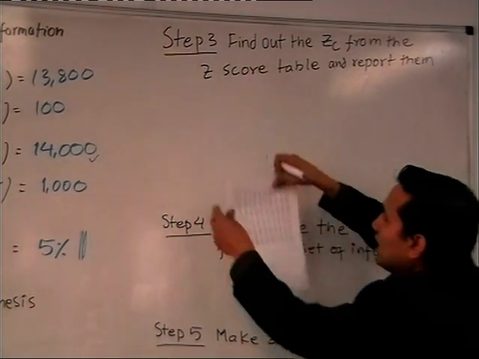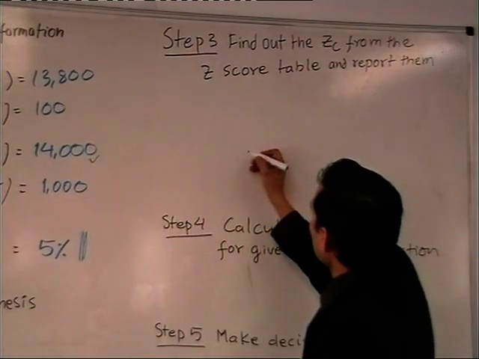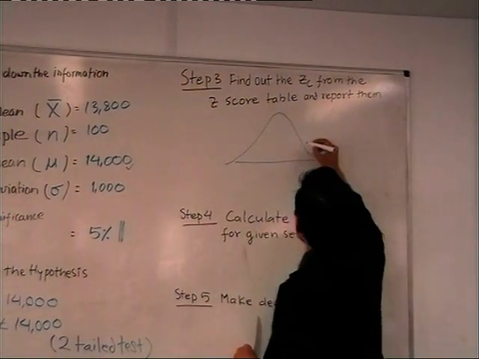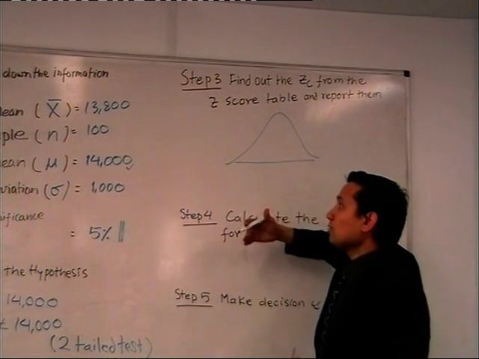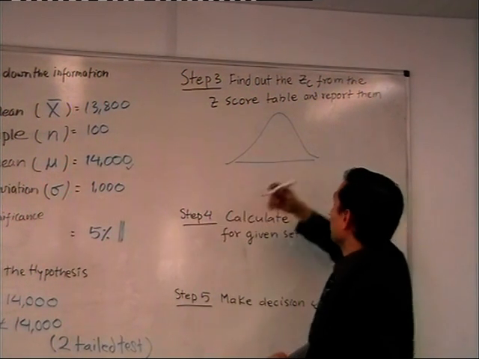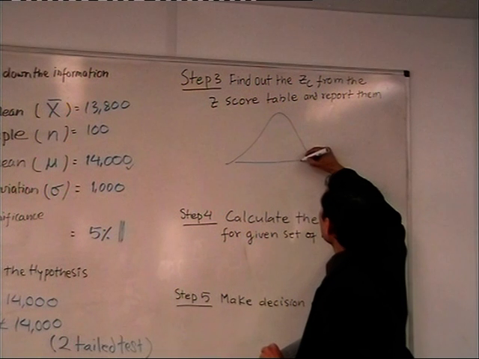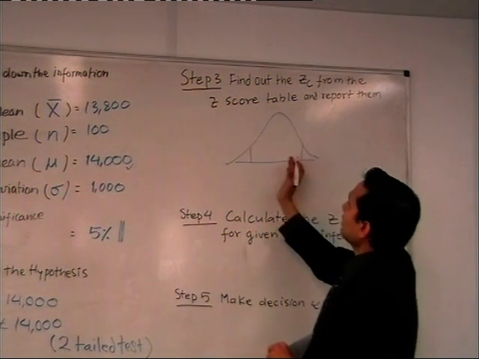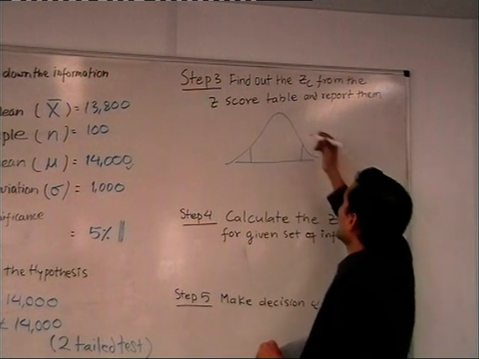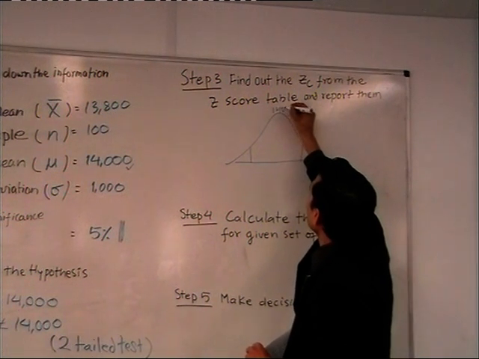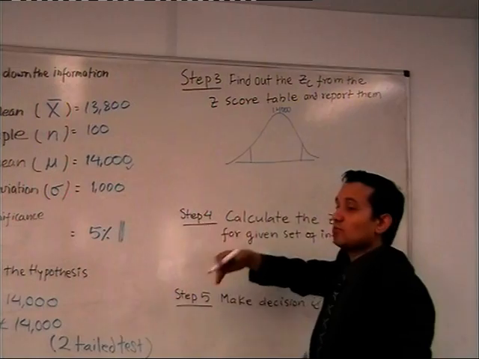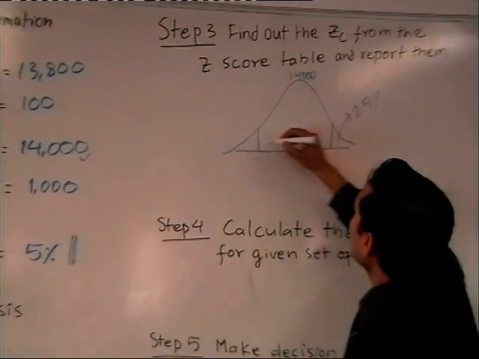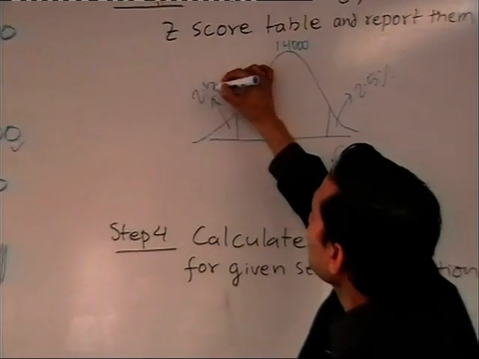Now if you look into the table, what we are saying here is that 5% of the time this 14,000 could be incorrect. This 5% in terms of area could fall on the right hand side or the left hand side, therefore we call it a 2-tailed test. So we divide 5% by 2, which gives 2.5% on the right hand side and 2.5% on the left hand side.